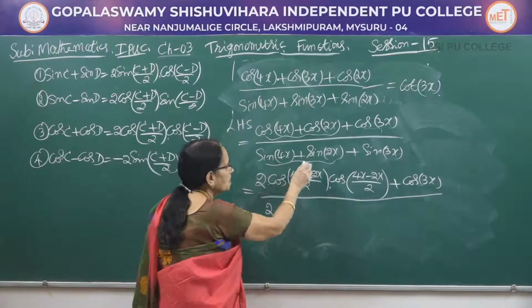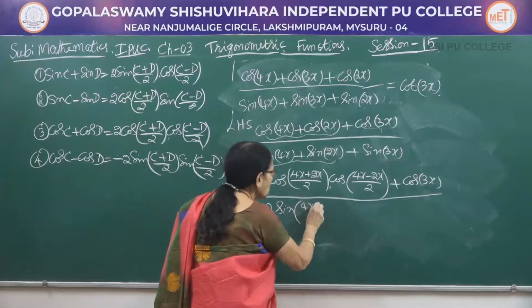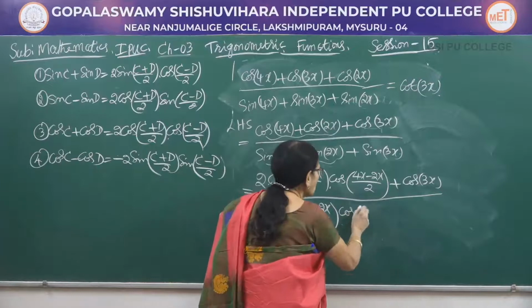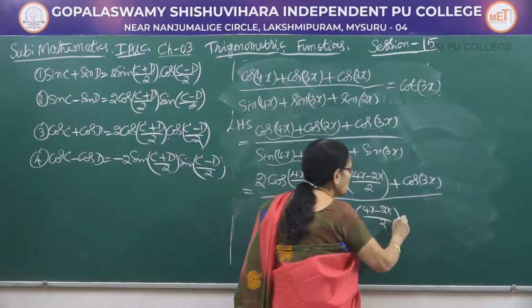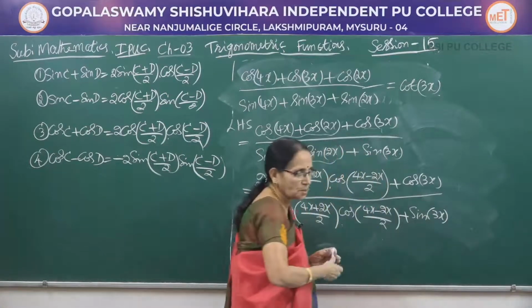Similarly, it is sin c plus sin d formula. It is 2 sin c plus d by 2 into cos of c minus d by 2. And again write the last term as it is, sin of 3x.